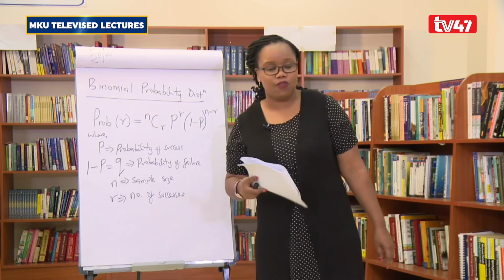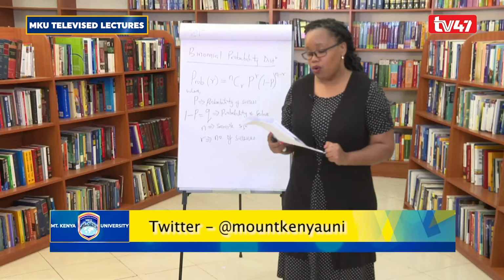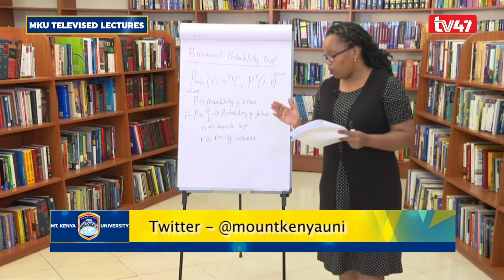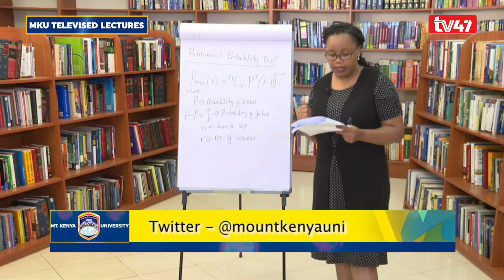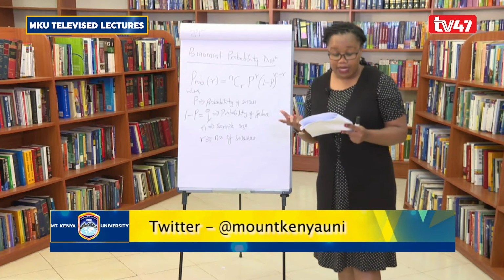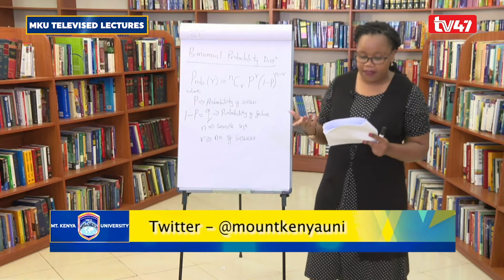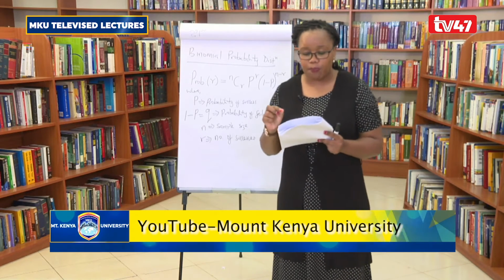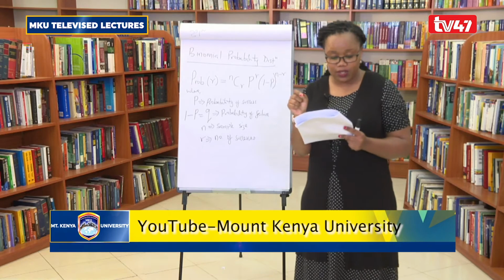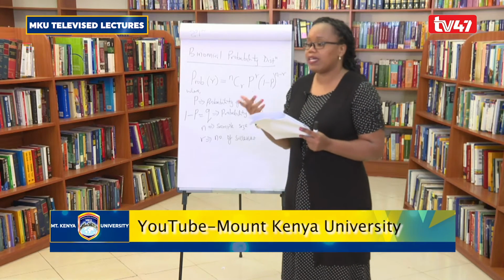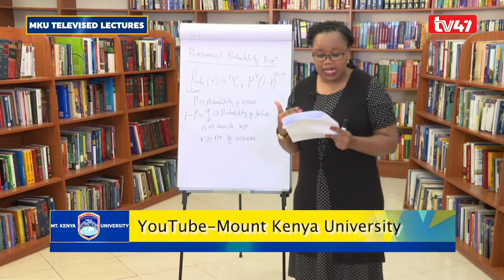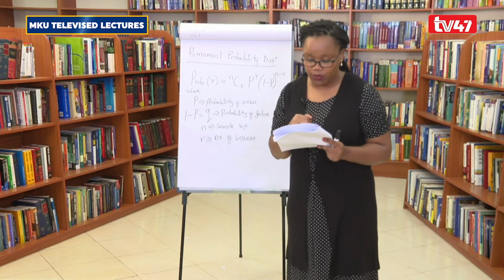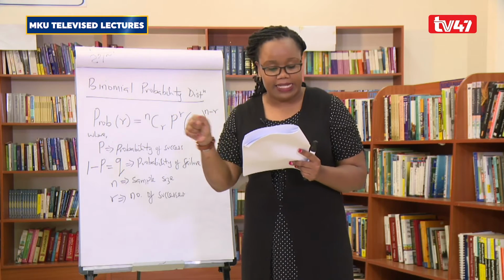Let's exercise this formula through an example. I'll read out the example, then we can follow slowly by slowly. Our example reads like this. A medical survey was conducted in order to establish the proportion of the population which was infected with cancer. The results indicated that 40% of the population was suffering from the disease.